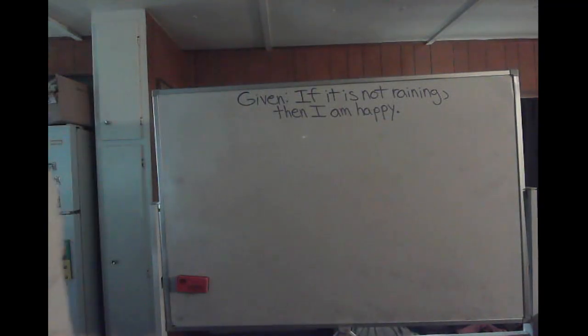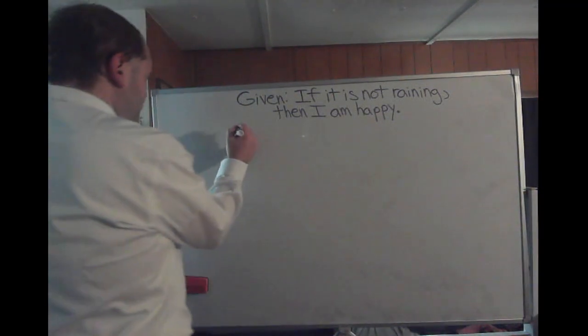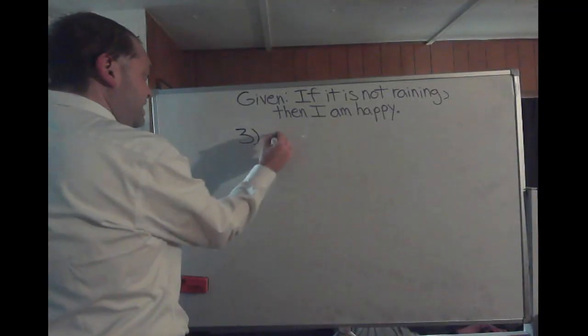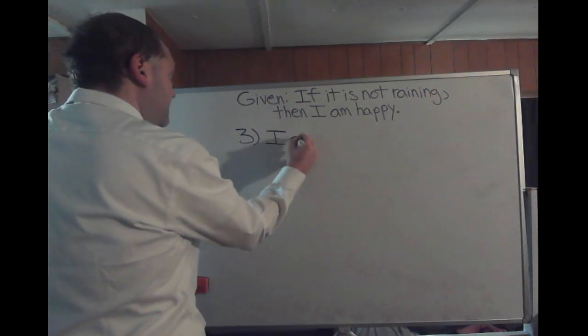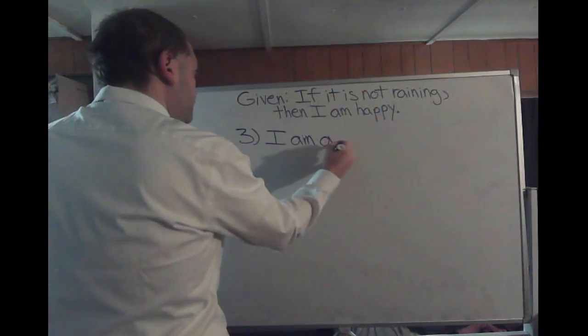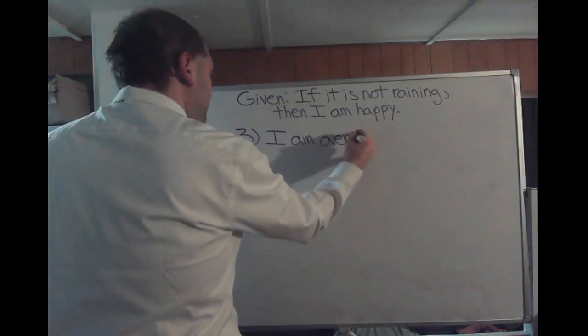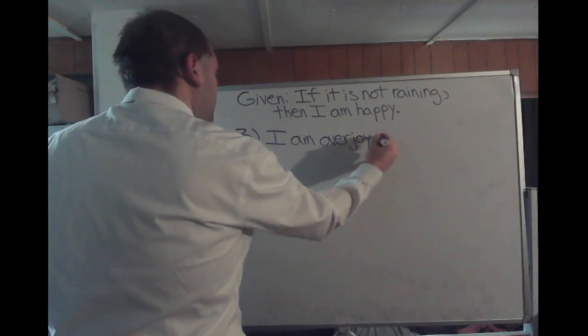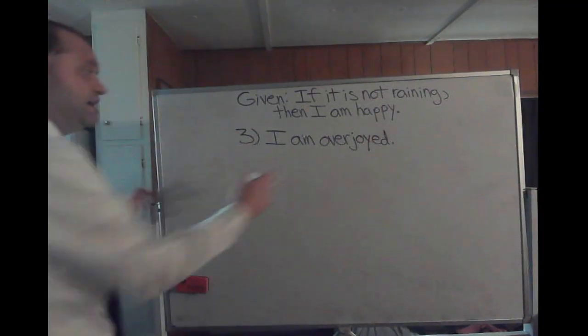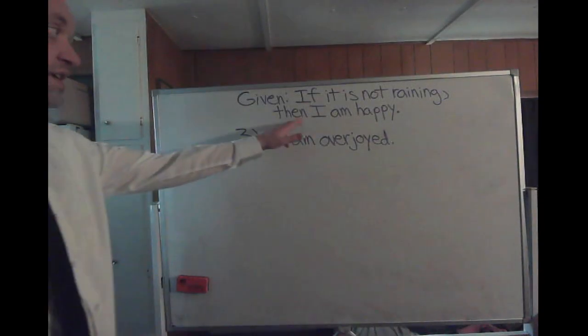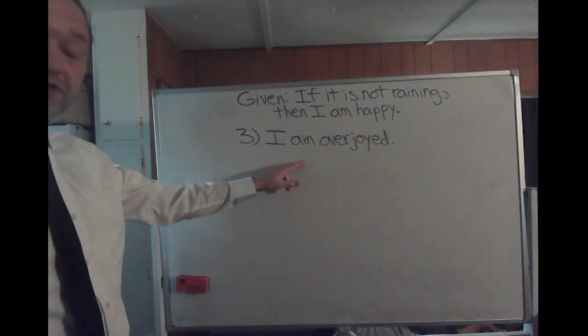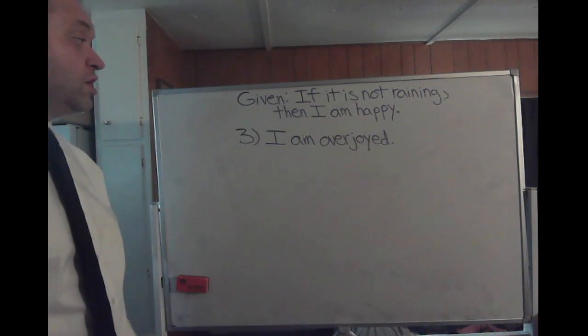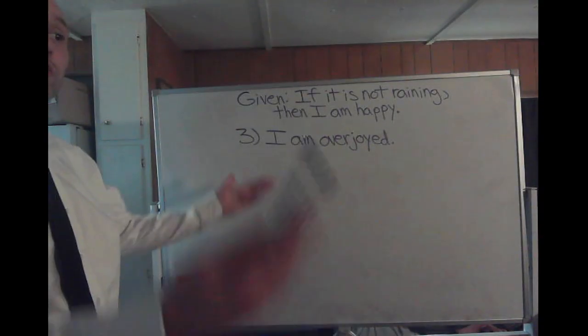What's the third statement? The third statement they give us is that I am overjoyed. So the third statement they give you, in addition to the given information, is I am overjoyed. Well, that's great.